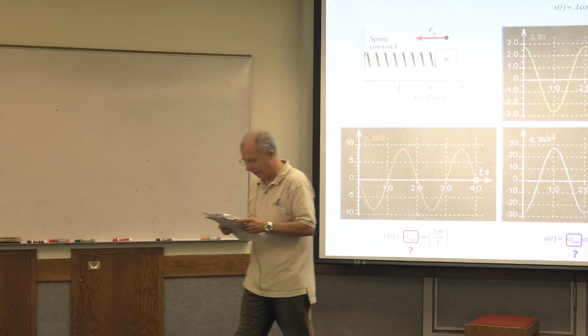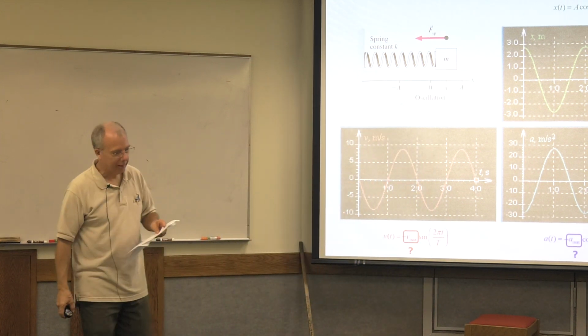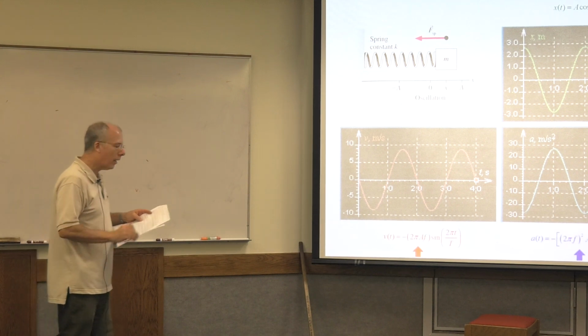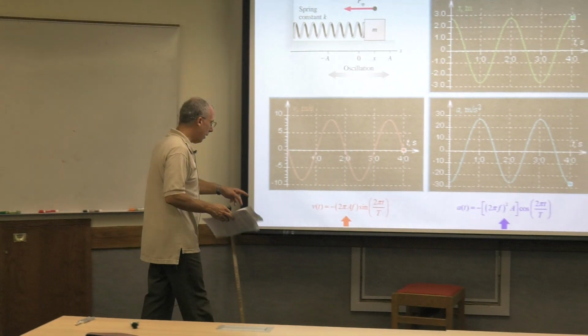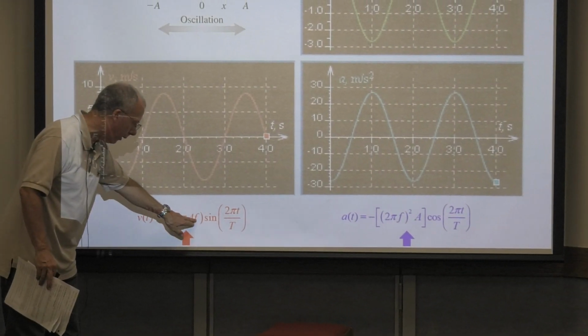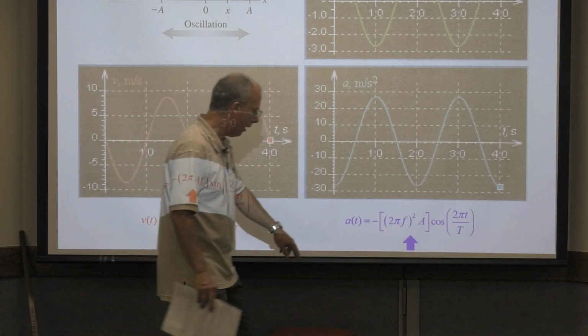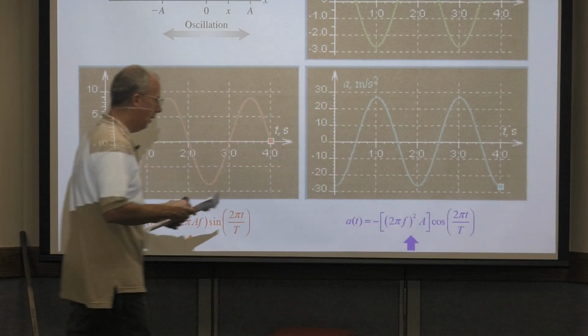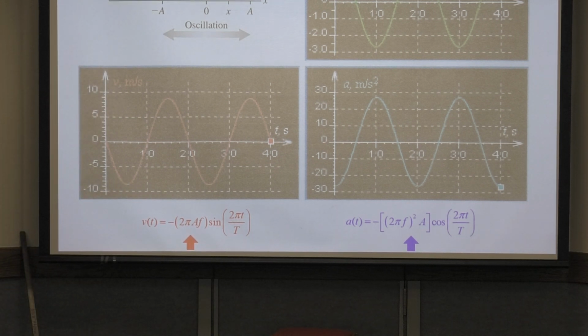If you want to know, just look in the book, and you can read pages of math. It turns out that the maximum velocity is 2 pi times amplitude times frequency, and the maximum acceleration is 2 pi times frequency squared times amplitude. I don't think that's super crucial to know. If you need it, you just look it up.